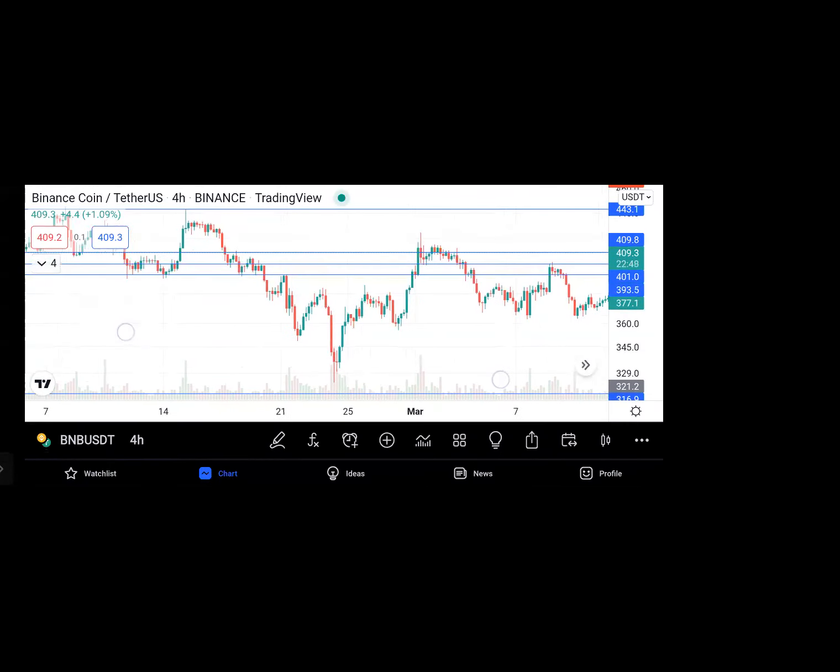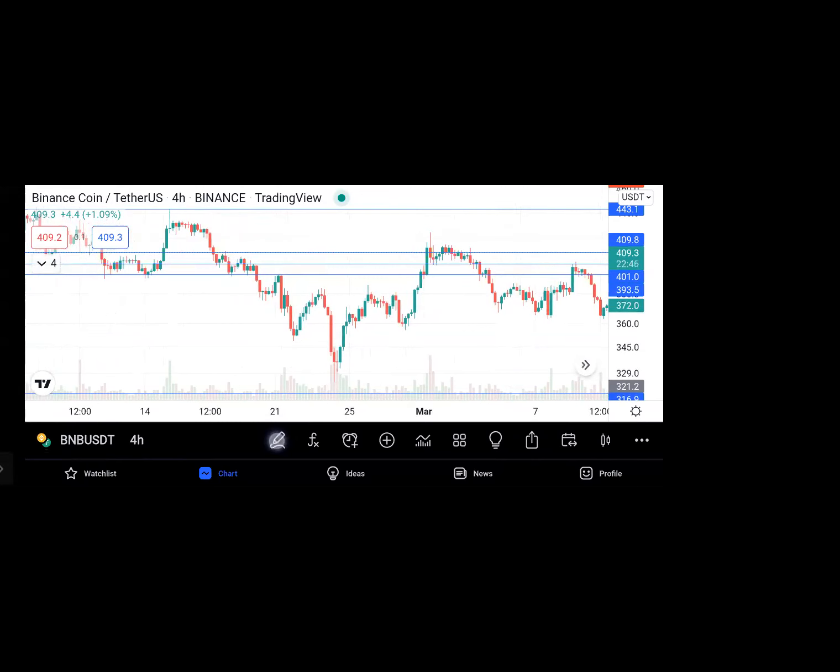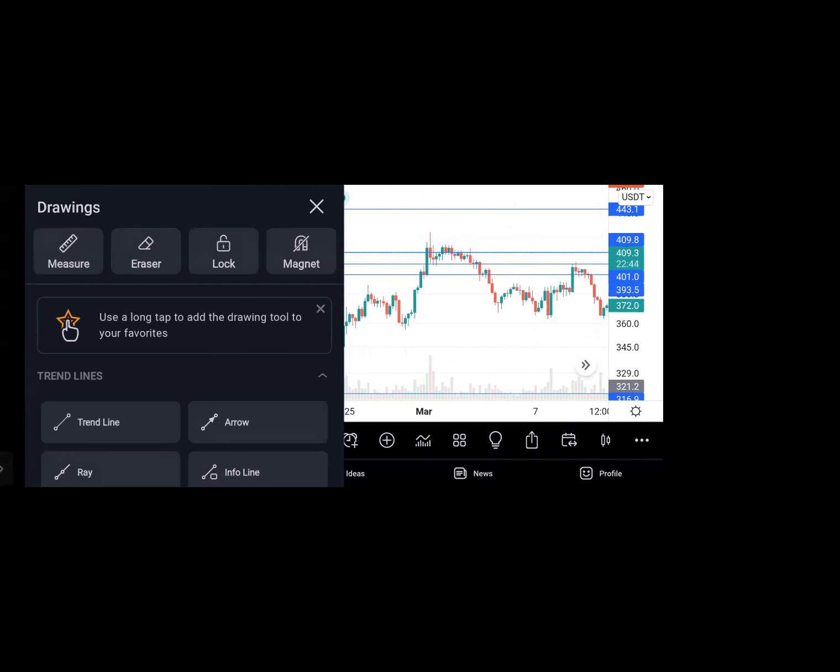I already found one. It's very simple. When you master these patterns, when you see them on the chart, you will be quick to identify them. But if you don't master them, you will find it hard seeing them on the chart. You will be seeing a pattern looking at you there, but you find it hard to identify it, or even know that there is a pattern there. Once you master this pattern, once you look at your chart, boom, you will see it.